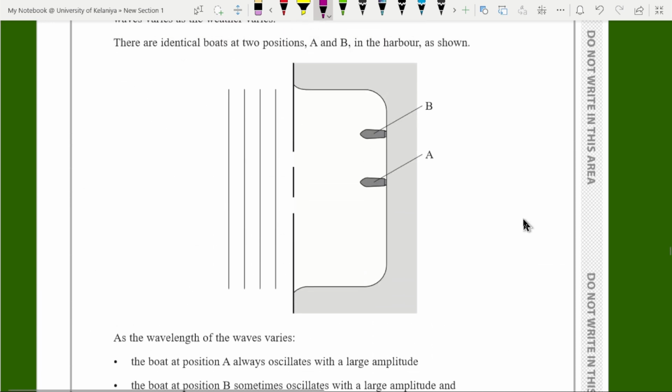In this case, the diffraction will be like this. I'm not drawing according to the scale. I hope you know that. So then what will happen? If I draw the waves, they would be like this.